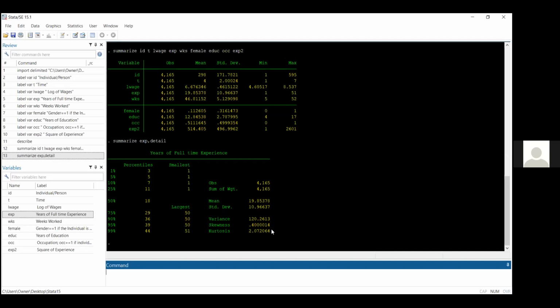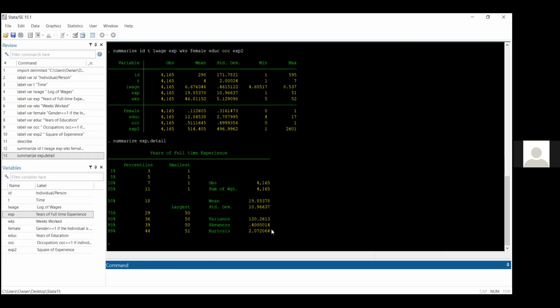And the standard value here is 3. We will say your variable is mesokurtic, or it has a normal distribution, when the kurtosis value is 3. So our score here on experience is less than 3. And if it is less than 3, we are talking of kurtosis being a flat curve.